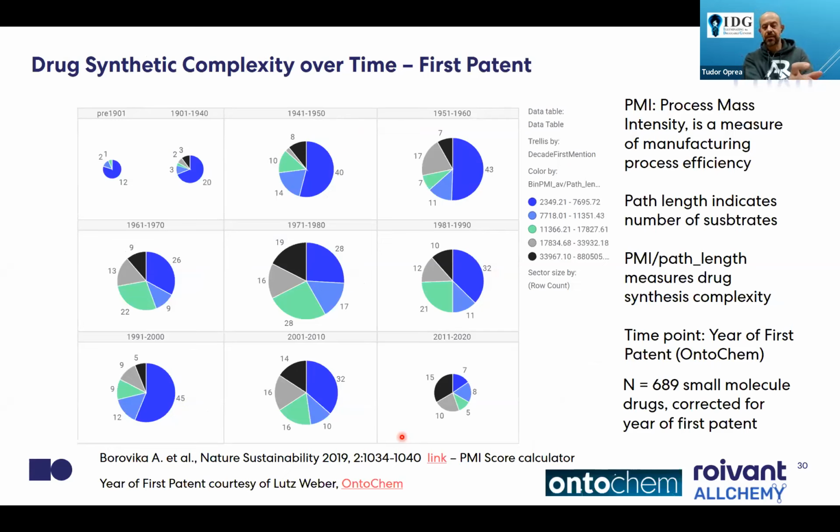And then you have to normalize that by the number of synthetic steps taken for that. So that gives you a measure of synthetic complexity that is not calculated, but rather based on actual experiments. So that indicates that over time, synthetic complexity has increased quite dramatically, and that's what's shown here. I wouldn't go through the numbers because they're arbitrary, but they show a clear trend that PMI divided by path length has increased over time.